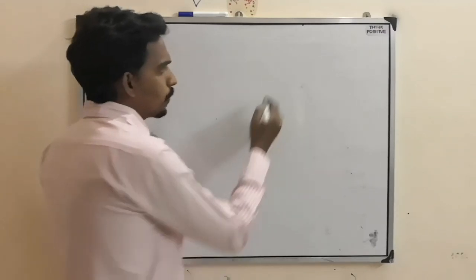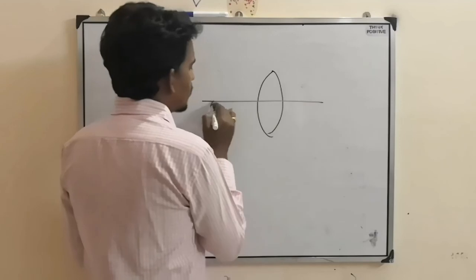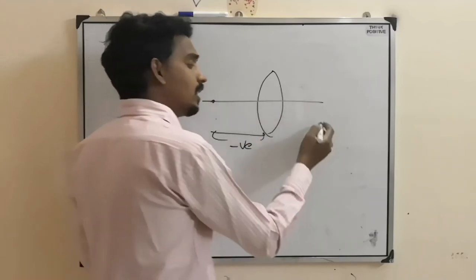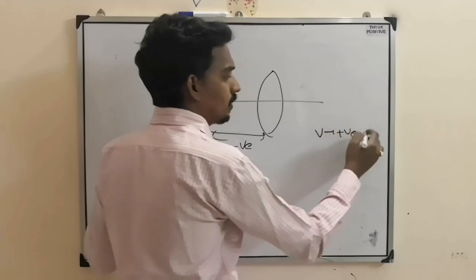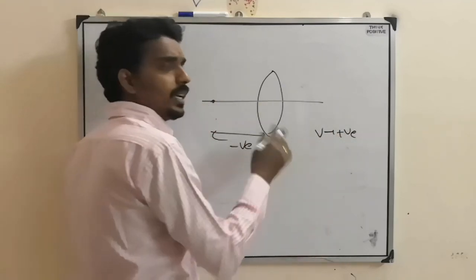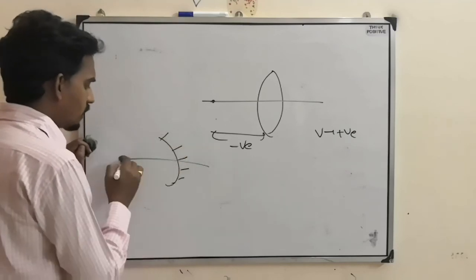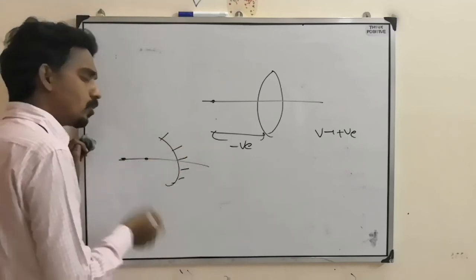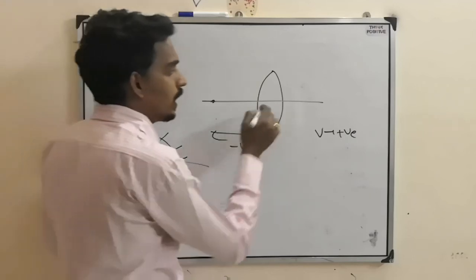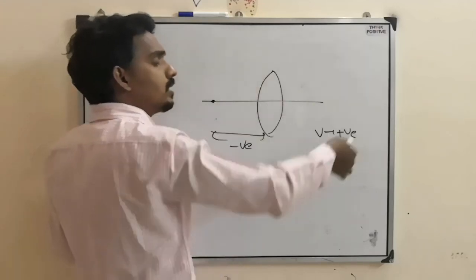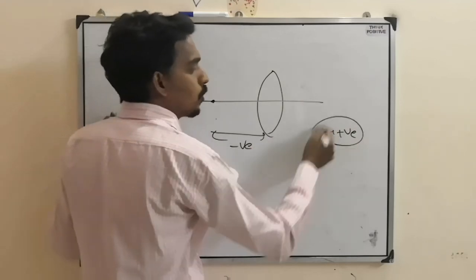But here suppose you consider a lens: the object side is negative, the other side is positive. So real means the other side; the mirror case is different. In a mirror, the real image is also on the object side, but in the lens case the object is on one side with negative distances, and the other side is real and that is positive.